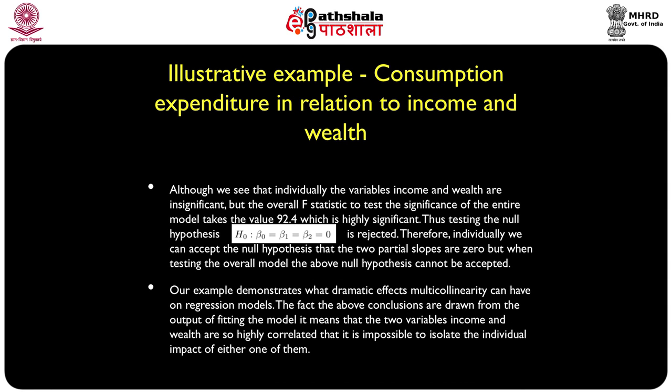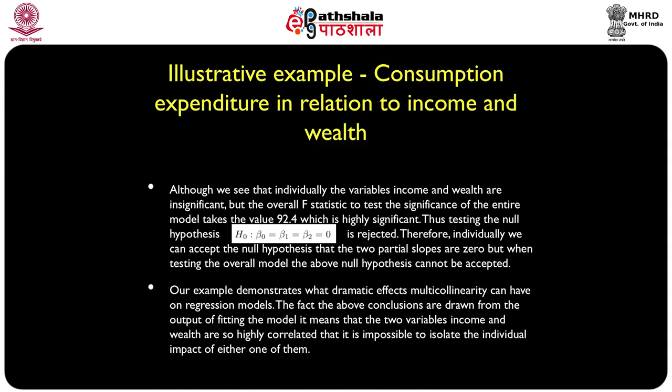Now, although individually the variables income and wealth are insignificant, the overall F statistic, which is also shown in the R output to test the significance of the entire model, takes the value 92.4, which is highly significant. Thus, the null hypothesis H naught, that beta 0 equals beta 1 equals beta 2 equals 0, is rejected.